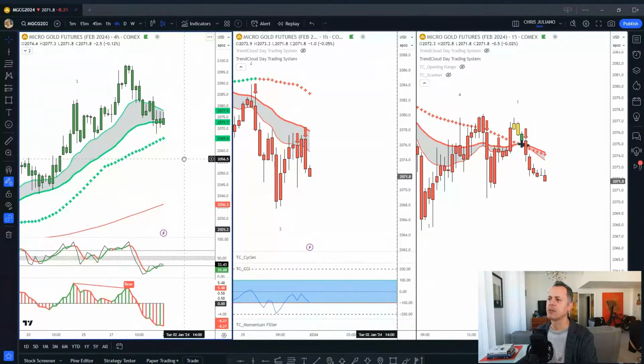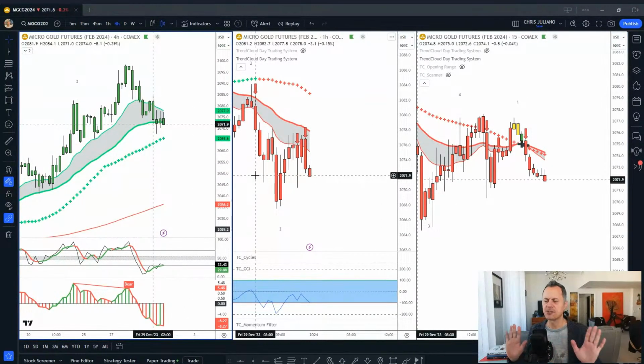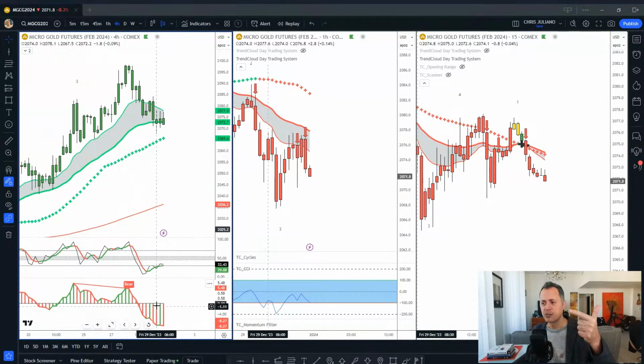So again, let's just talk about the 6 elements that should be a part of any trade. Number 1, trend. Number 2, momentum. Number 3, cycles. This is the cycle indicator.